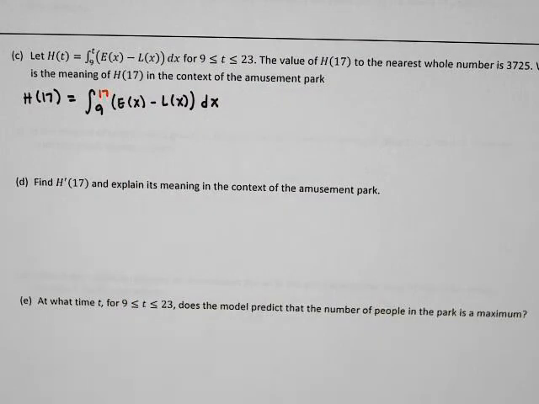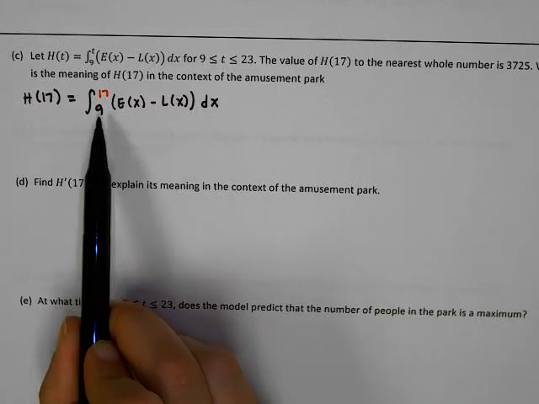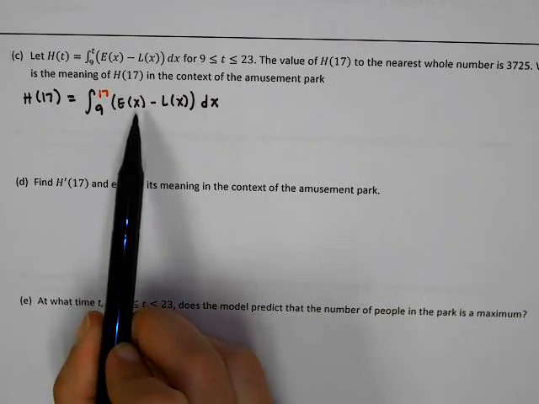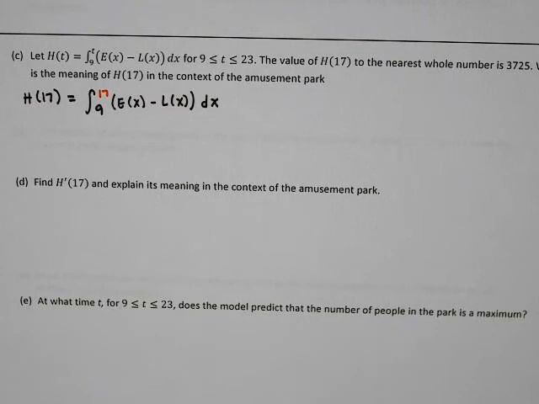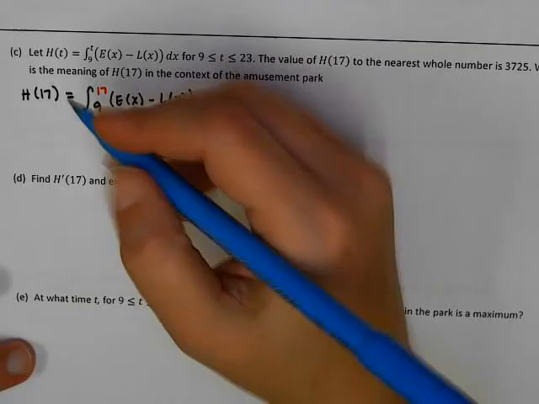So let's think about what that would calculate. We said that E was the rate at which people came in and L was the rate at which people go out. So if I integrate that, I'm calculating how many people come in minus how many people go out. Well, if I take how many people come in and I subtract how many people go out, then I'm calculating how many people there are now. What we call that is net change.